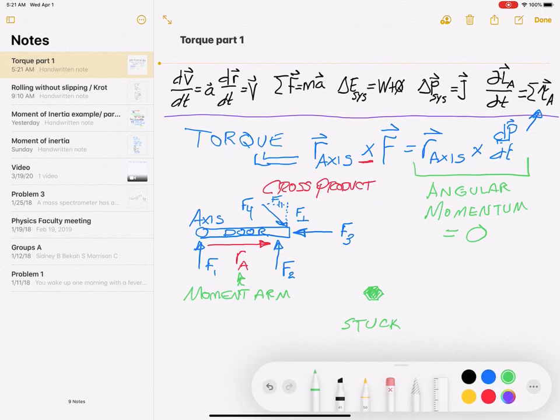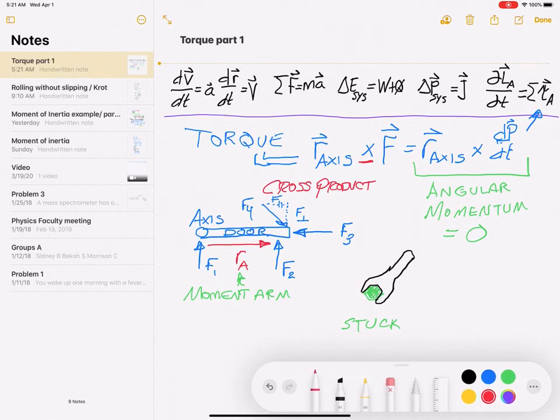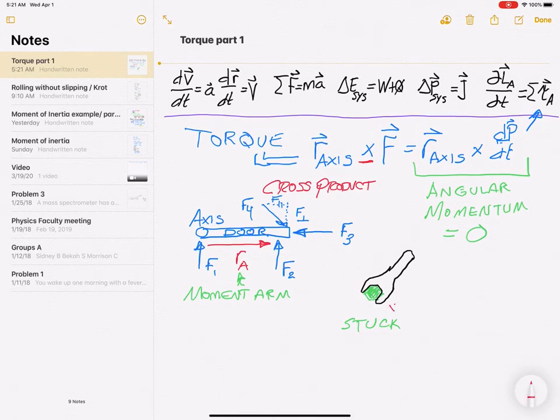And on that stuck bolt, you put a wrench. And that wrench has a length from the bolt to the end of the wrench, this would be our moment arm. This is R around the axis, which is our stuck bolt.